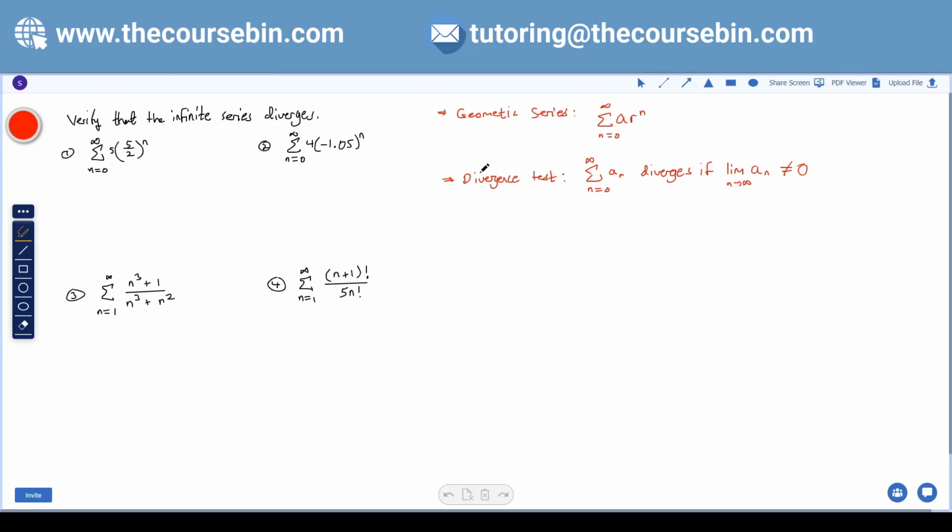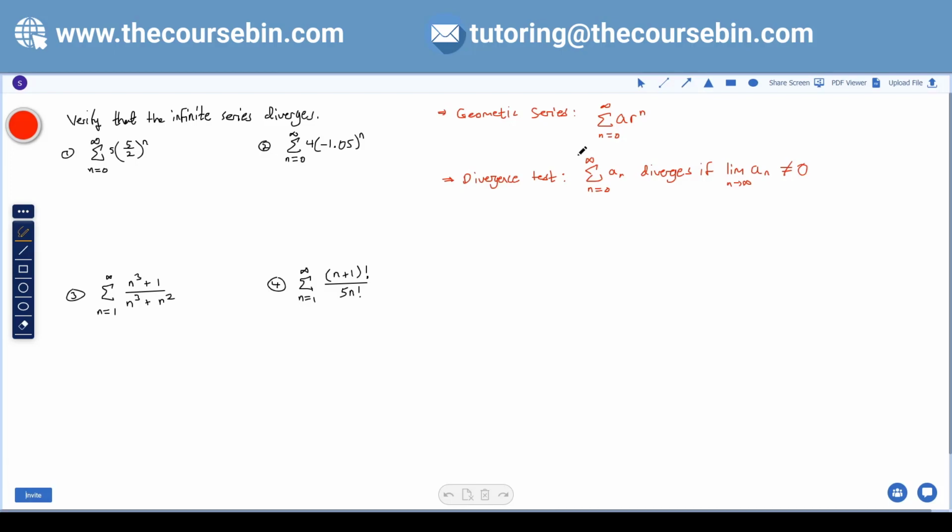Okay. So for the first two, they're both in the formula for the geometric series. Yep. So we can easily put the first 5 terms to see what's going on. I forgot why we did it, but I knew it was so we could later get our common ratio, first term, and then our absolute value of r.